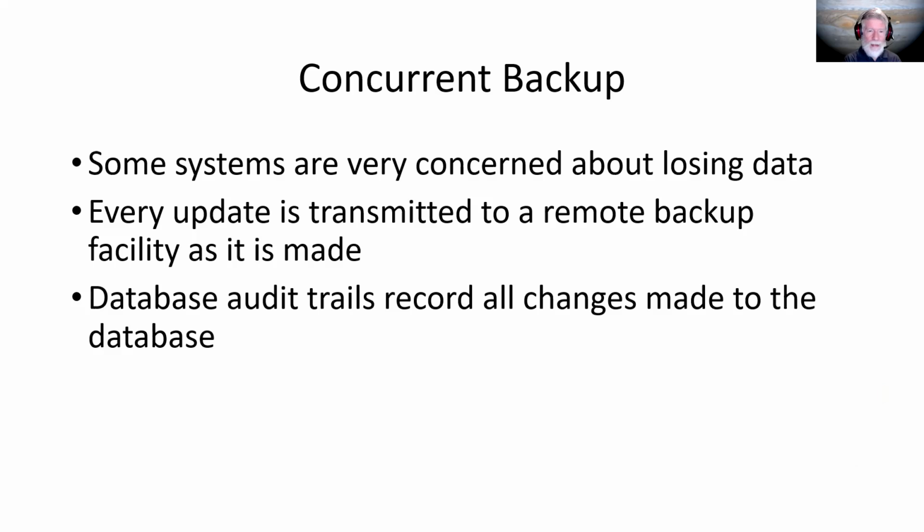This was back in the ancient days, and they used magnetic tapes, which are miserable things, but they are separate from the computer, and it was usually very hard to take out the computer and the tape at the same time. So if there was a disk failure and they lost the database, they'd restore it from the last backup and then run the audit trails to get right back where they were and not lose any data.